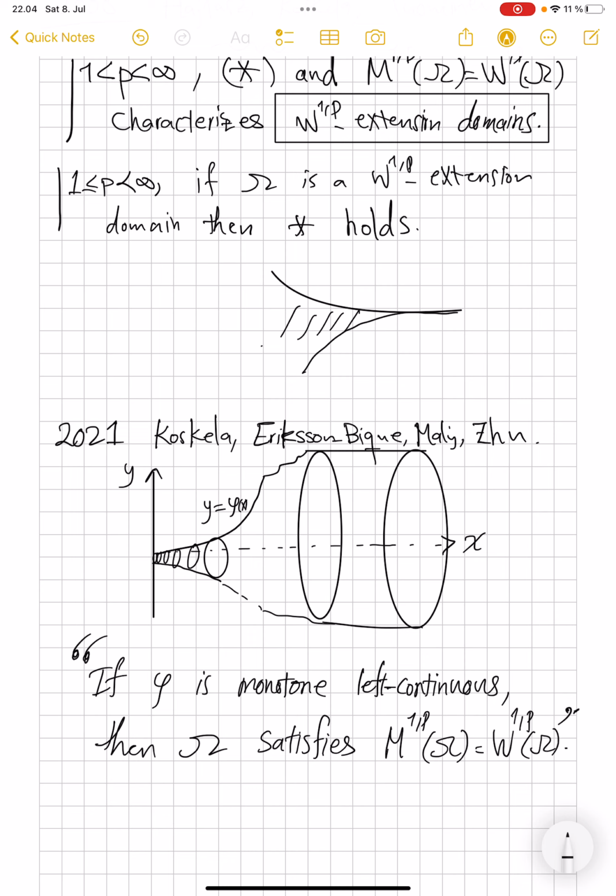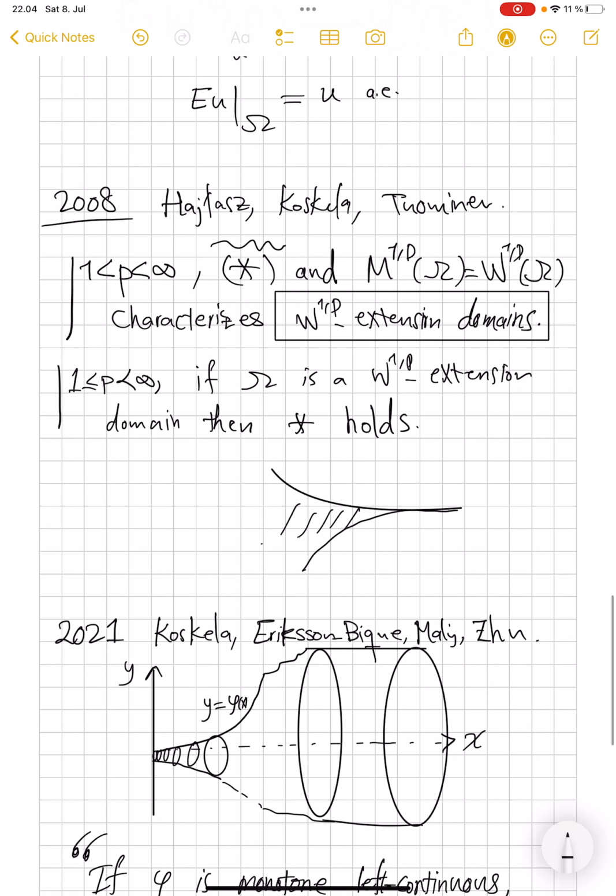So this is an interesting example because it's not covered by the result of Heinonen, Koskela, Tuominen, because in this case, as I mentioned, because of this cusp at the end, the space fails the measure density condition. So therefore, we don't have the equivalence that we wanted. Actually, this space then is not an extension domain because of the second part.